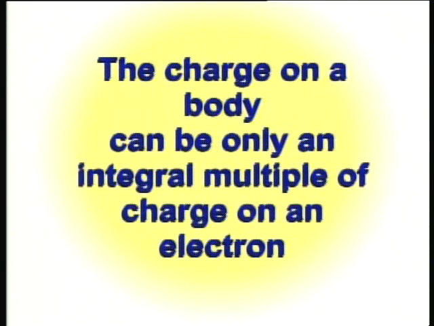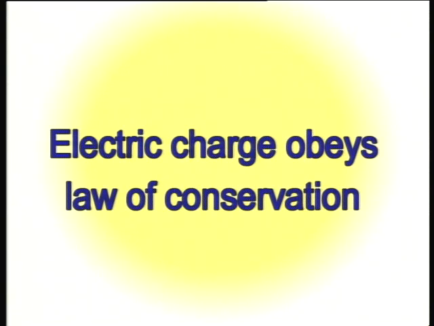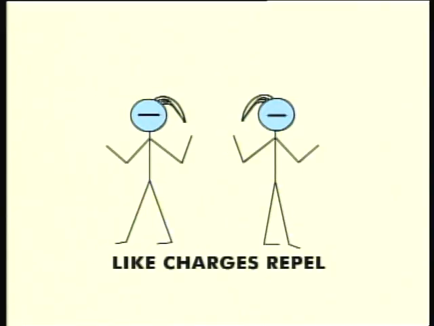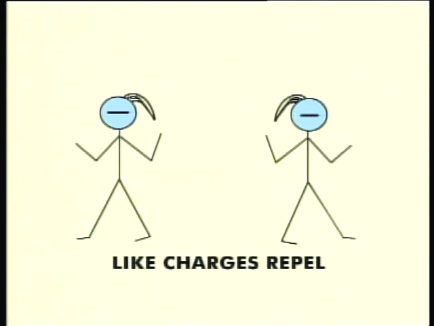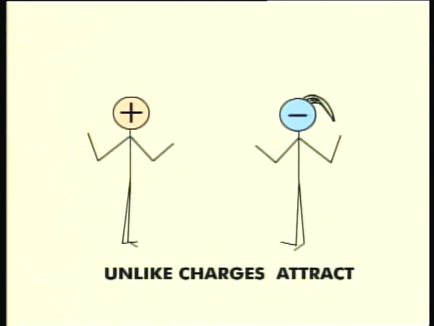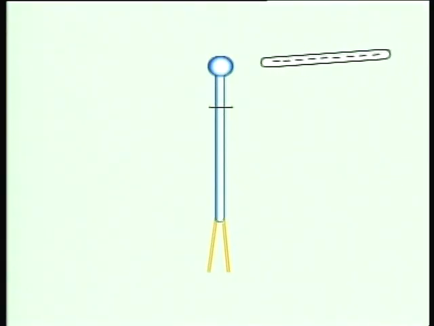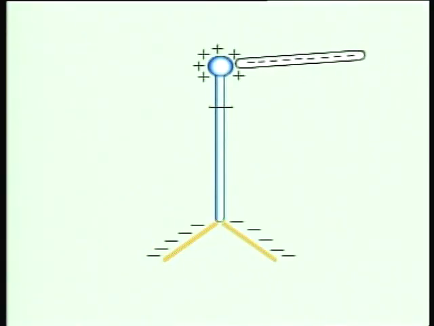We learned that the electric charge obeys the law of conservation, that is, the total charge of an isolated system is always conserved. We have seen that like charges repel and unlike charges attract each other, and gold leaf electroscope can be used to detect the presence of electric charges.